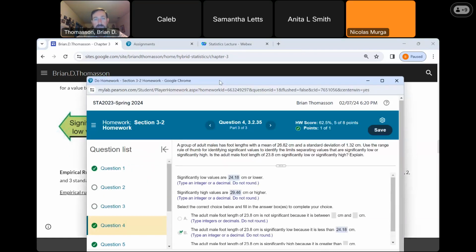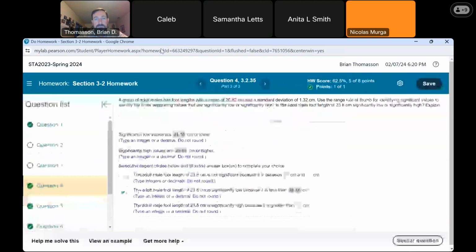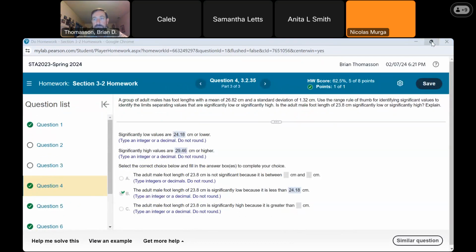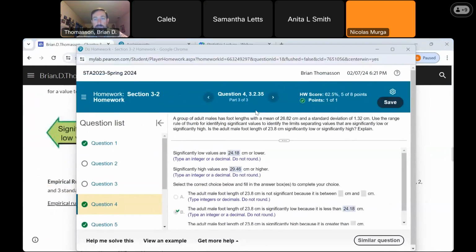All right. So here, they give us a mean of 26.82 and a standard deviation of 1.32, and they want us to find the significantly low, so that's 2 standard deviations below. I take the 26.82 minus 1.32 twice.